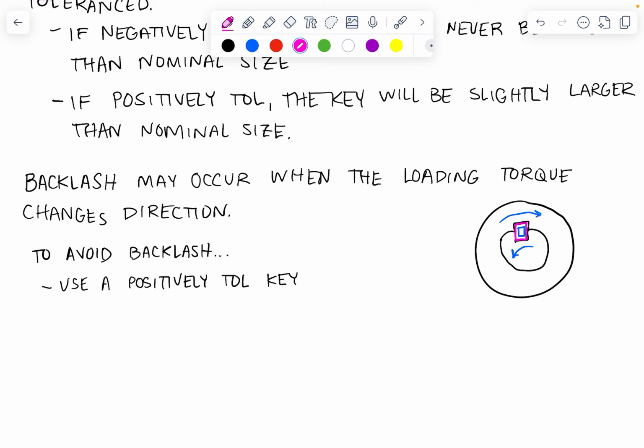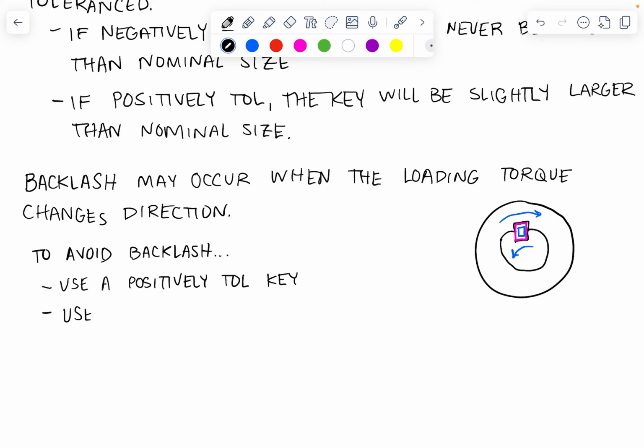It means that you're going to have less clearance than a negatively toleranced key, and so you have less impact, less high stresses, but especially over time, you can still have deformation of the two parts that can build up and lead to a not good situation with backlash. So you still need to consider backlash as a possibility if you use a positively toleranced key, just that this can help reduce the negative effects of backlash.